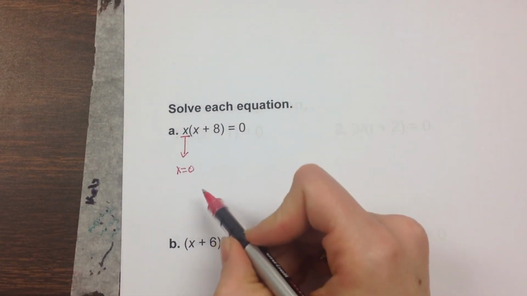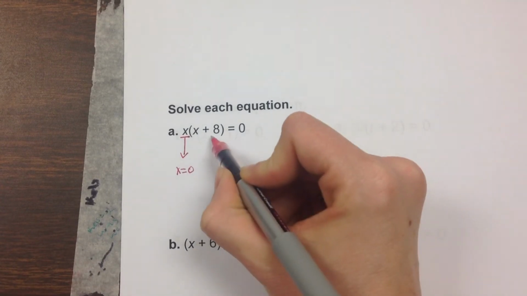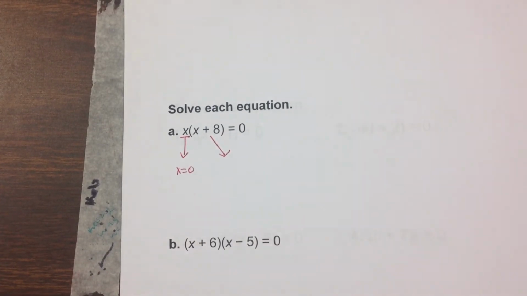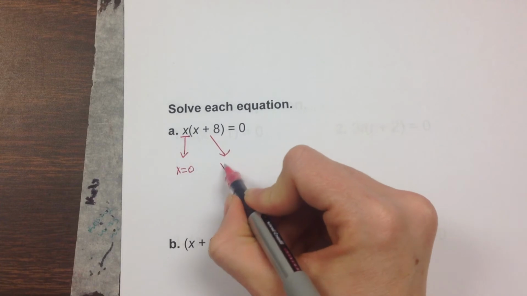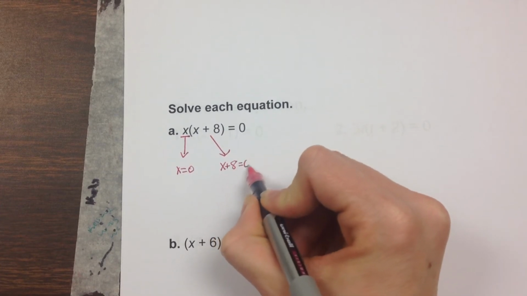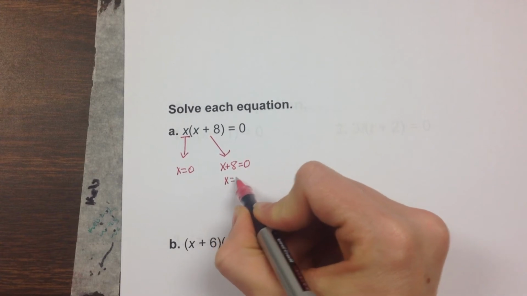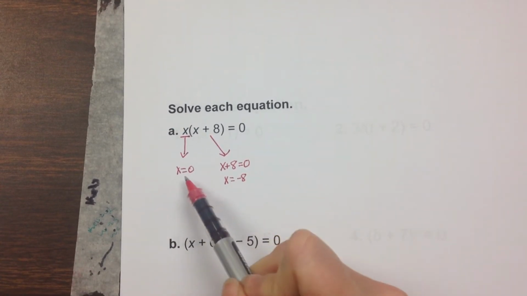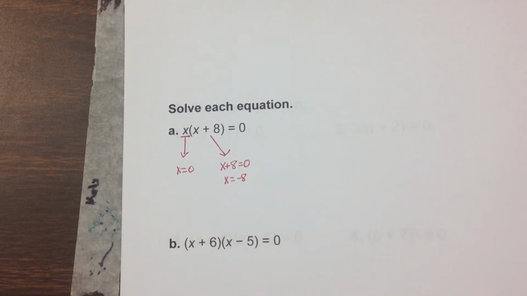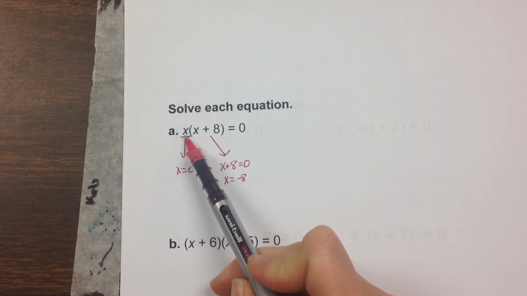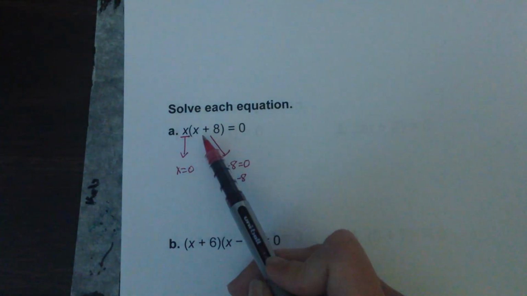So this factor could be 0, or this factor could be 0. So x plus 8 could be 0. So in this case, then x would be -8. So there are two answers to this problem because this one could be 0, this one could be -8.